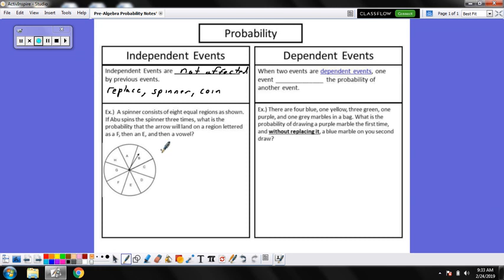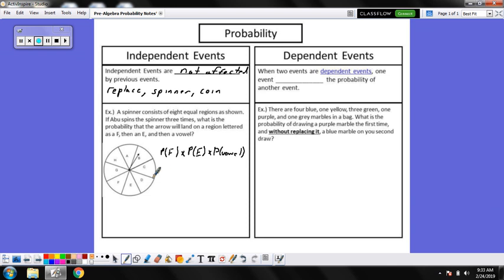So the probability of an F, then the probability of an E, and then the probability of a vowel. Once we find each probability, we just multiply them together.